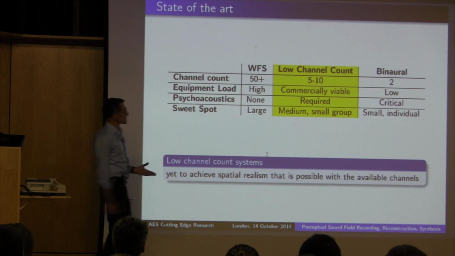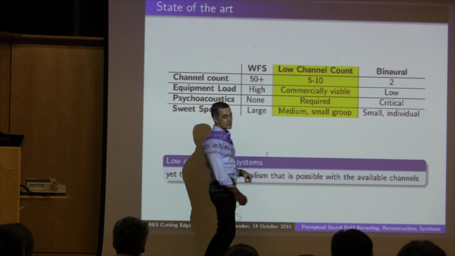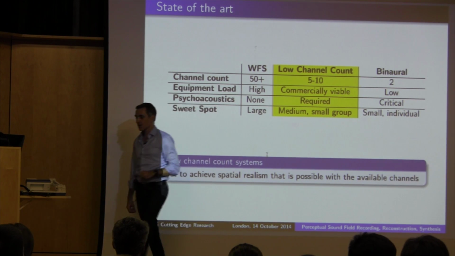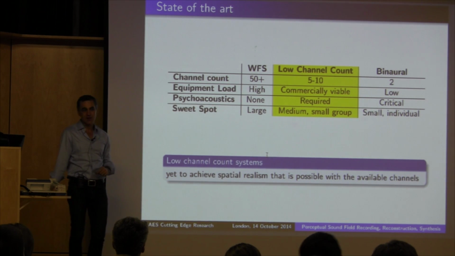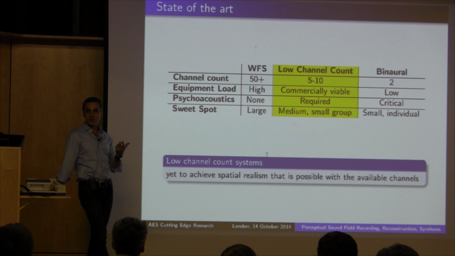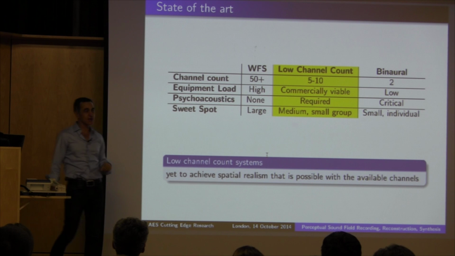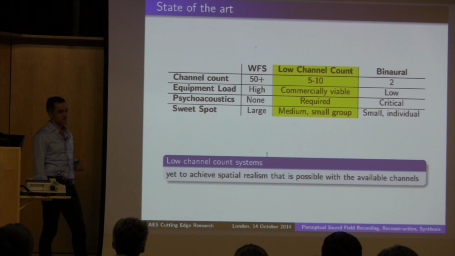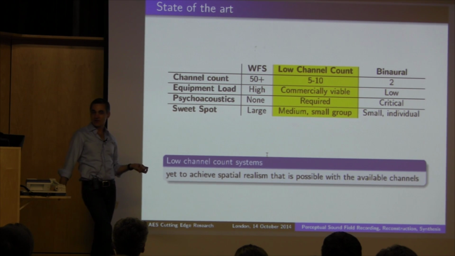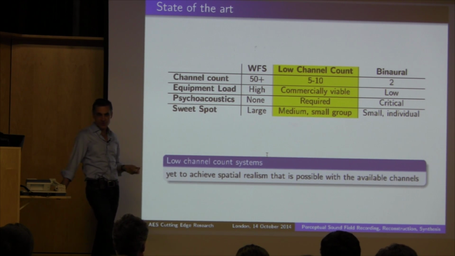At the other side of the spectrum are binaural techniques, which rely critically on psychoacoustics, that is, they create so-called ear signals, which are then reproduced over headphones or over two channels, in order to provide a sweet listening spot for just one listener, or maybe a very small group of listeners.